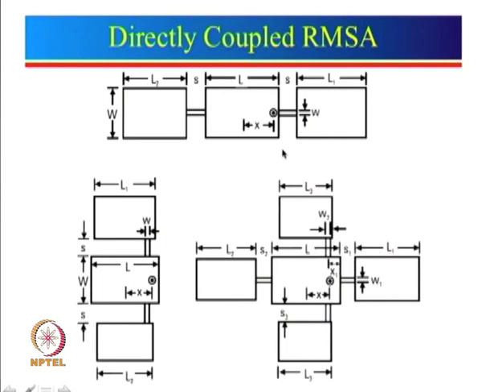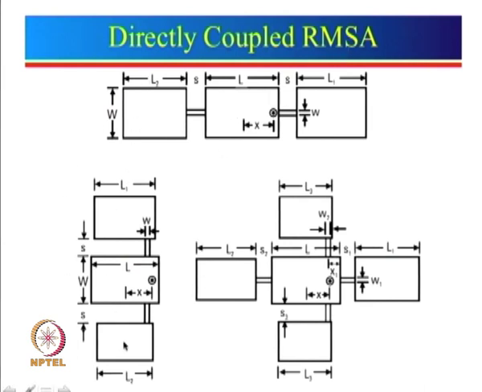However, we can also use the hybrid coupling where S will be smaller than 2H, then there will be gap coupling also, and there will be direct coupling also. And here the coupling depends upon the width of this connecting strip, and by optimizing this gap and this width, one can optimize the coupling between the patches, and hence one can optimize the bandwidth in a very similar way as in the case of the gap coupled.